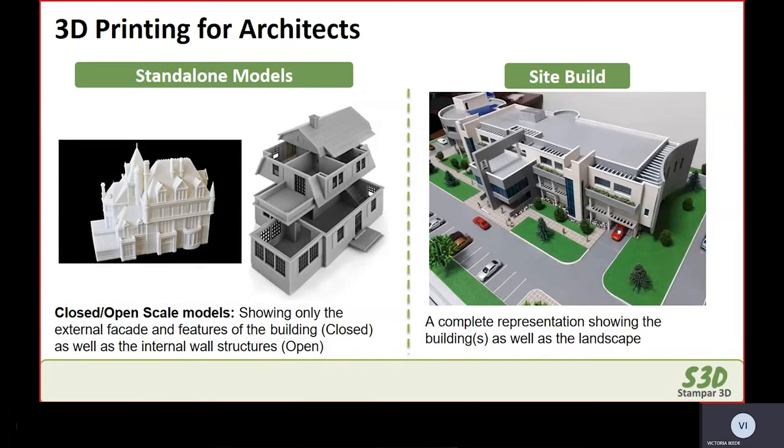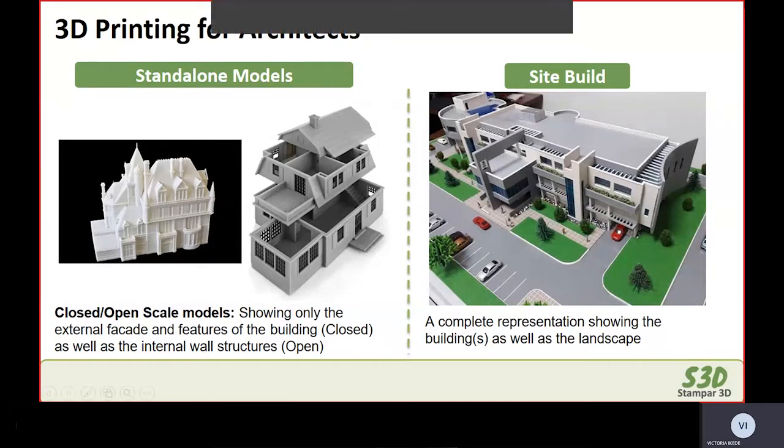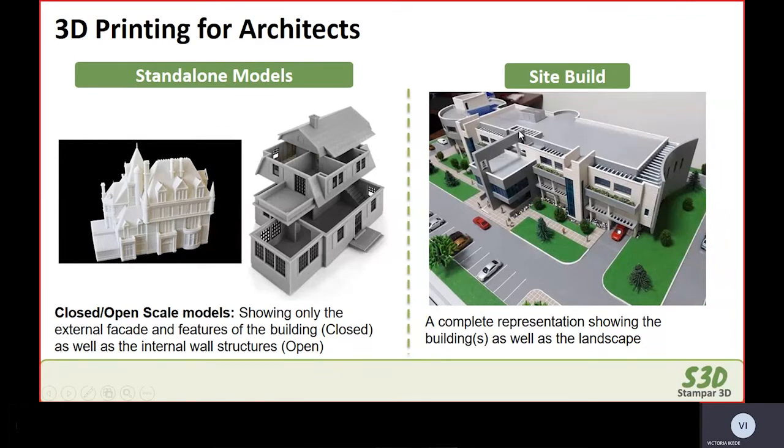Now, how to go about this? It really does depend. You have to break down your building into the smallest possible component. In the example I've shown here, for this particular site that we built, we had to break down the different portions of the building. Not everything you see in this picture on the right was 3D printed, just certain parts of the building. For other parts we used commercially available trees and grass and cars, available in any hobby store.